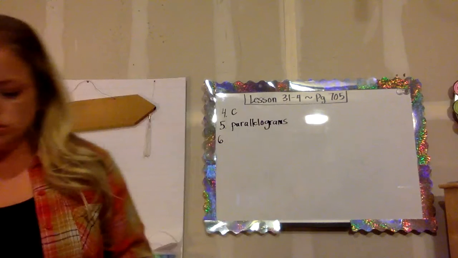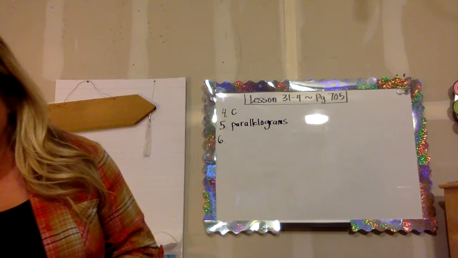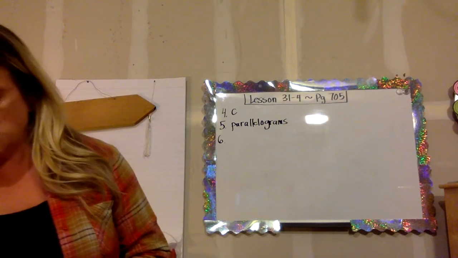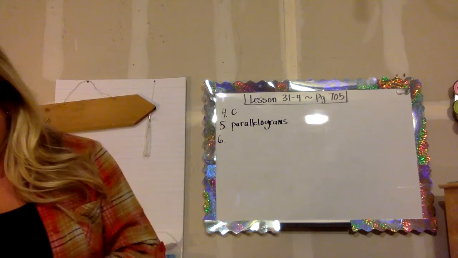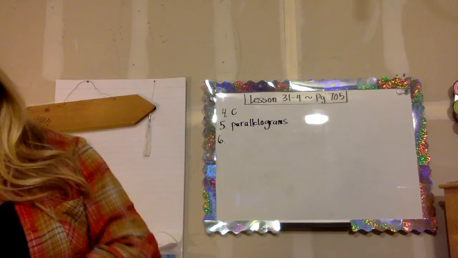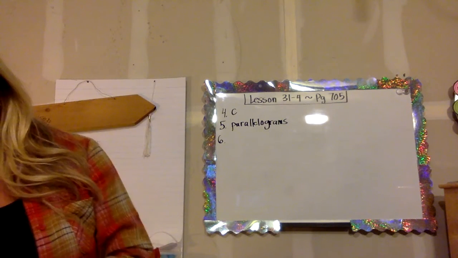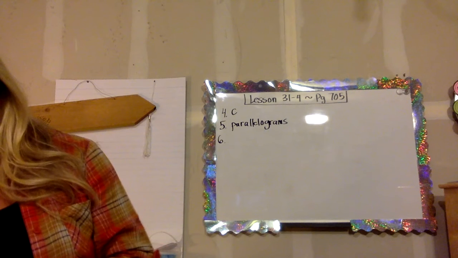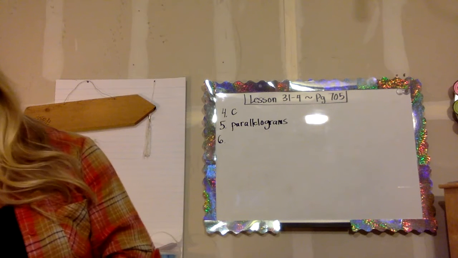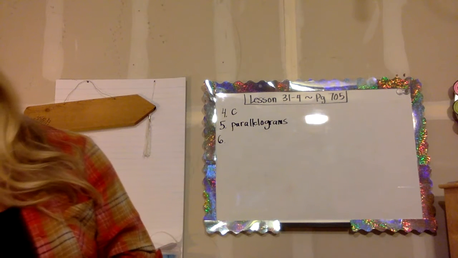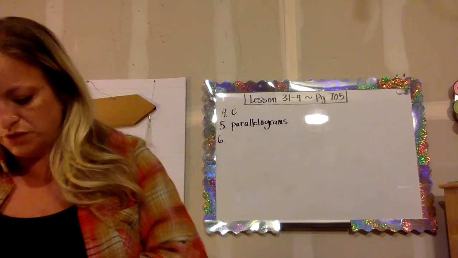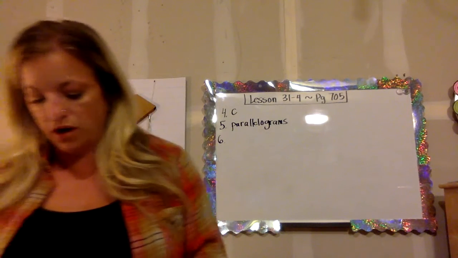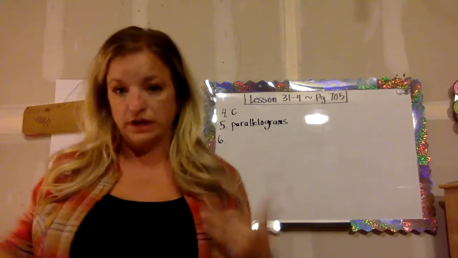Number 6, use the grid below. Draw a quadrilateral that belongs to at least two of these groups: parallelogram, rectangle, or square. Explain why your shape belongs to these groups. Show your work. Well, a rectangle is a parallelogram.